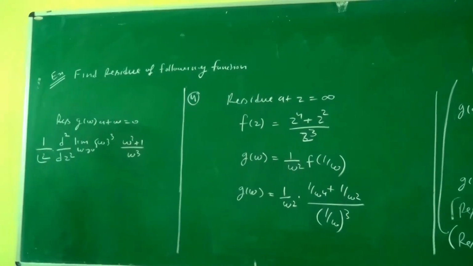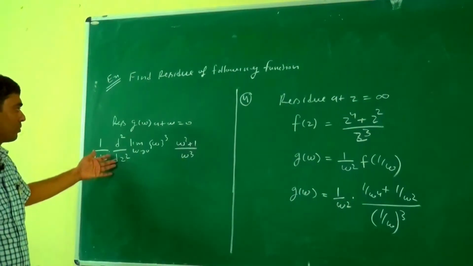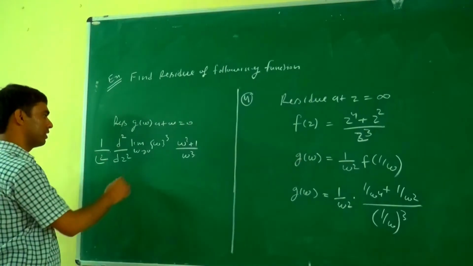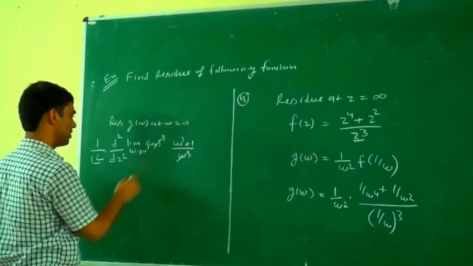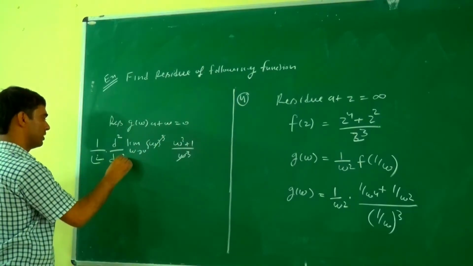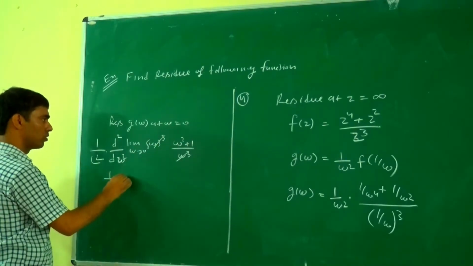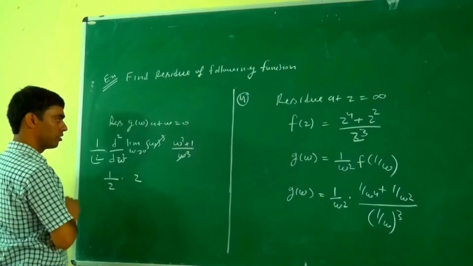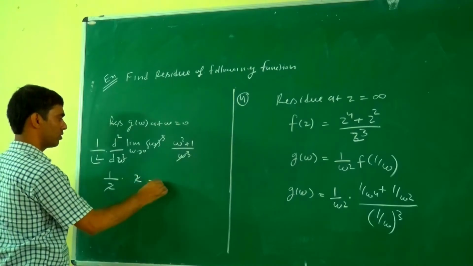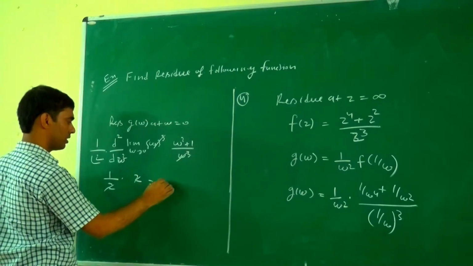This is another way to find the residue. The W cube cancels out, we write W square plus 1, and differentiating 2 times gives 2. The 2 cancels out, and the residue becomes 1.